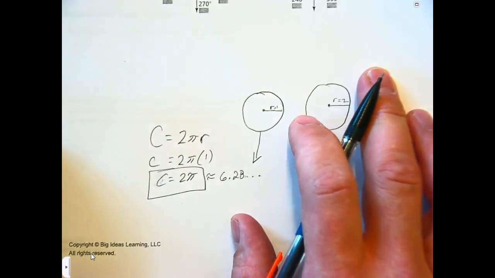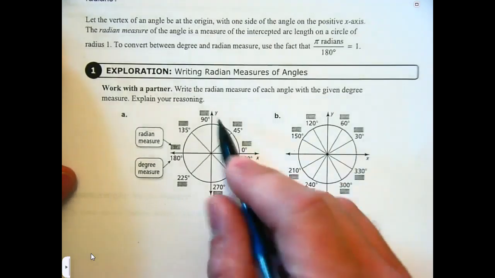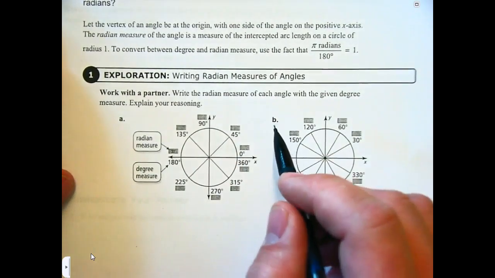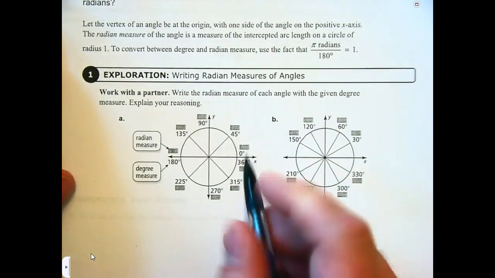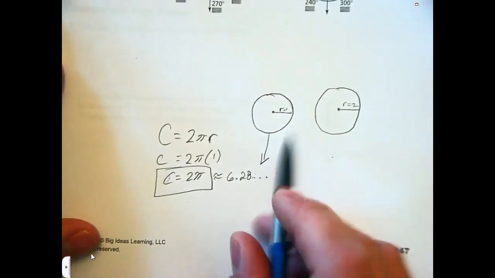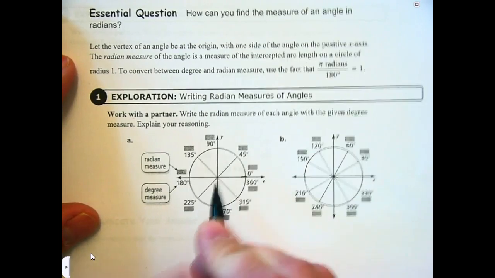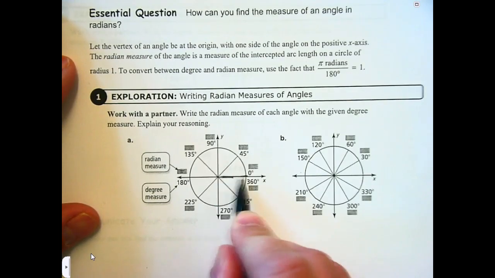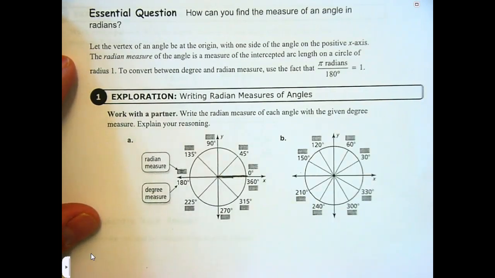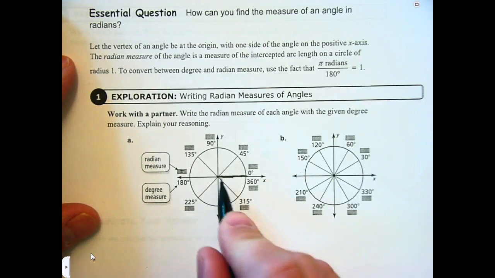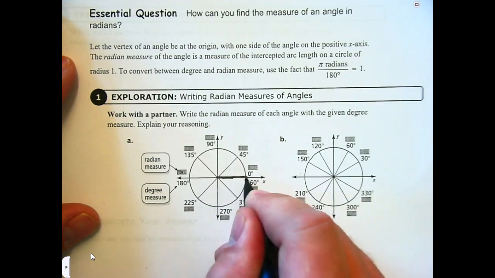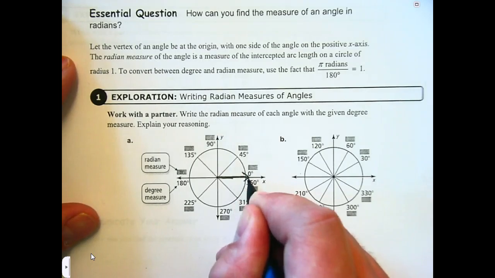Okay? So let's go up here real quick. What we have been used to is measuring in degrees. And what we've just shown down here is that we always start from here. This is called your initial side. You start here. I'm going to draw a little arrow right here.